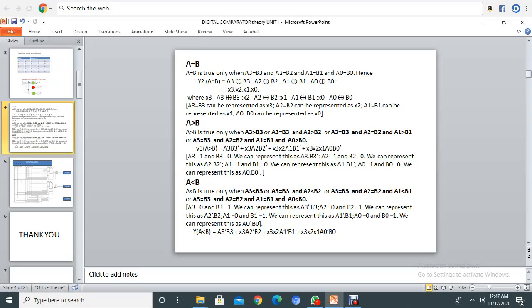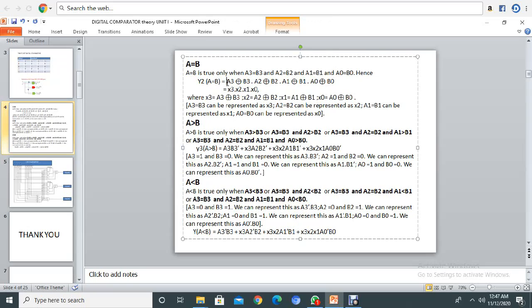So we can write it as Y2 is equal to A3 XNOR, not XOR. If both are equal, then the output will be 1 in XNOR gate.